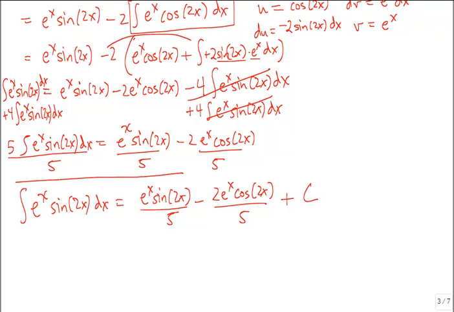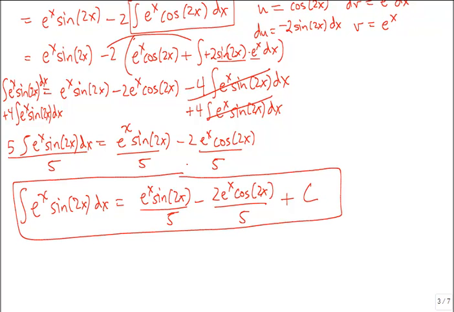So this is integration by parts. We did it twice, and we did it twice so that we could get back to the original integral and then add it over to the other side, combining those coefficients and then dividing by that coefficient.